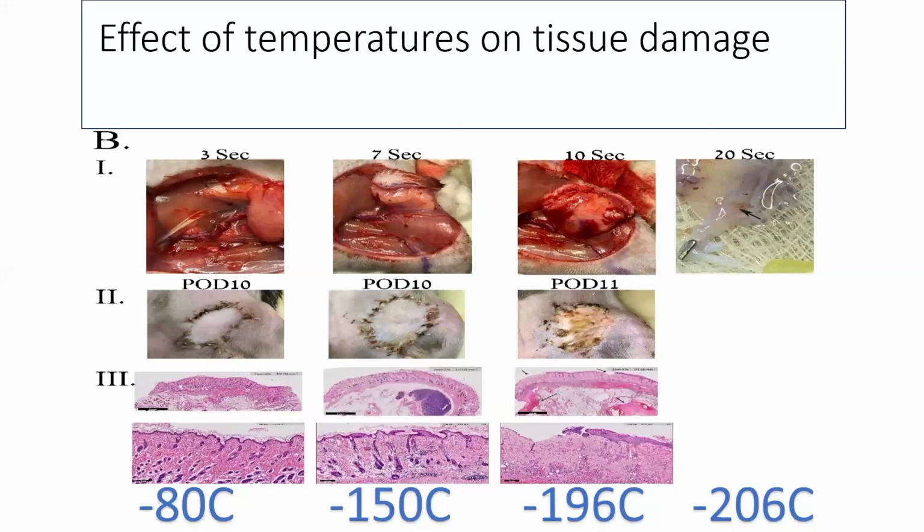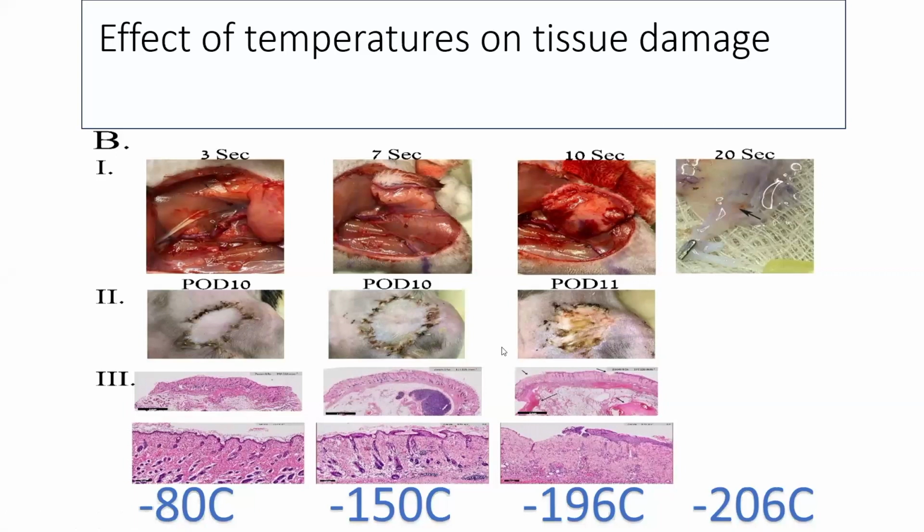Also after 10 days, POD 10, meaning 10 days after transplantation, the tissue looks okay and the histology looks very good: both the skin, hair follicles, and fat and muscle, everything looks okay. However, and this was very surprising, when you go to 10 seconds in the liquid nitrogen slush, you reach already minus 196 degrees centigrade, and there is massive bleeding of the tissue.